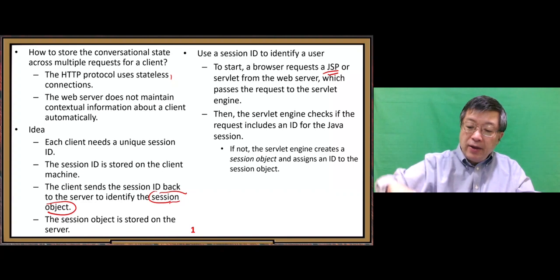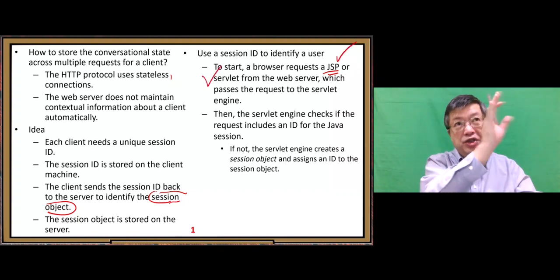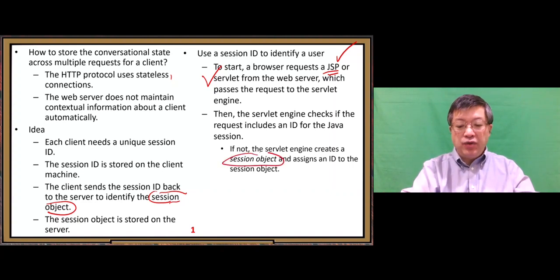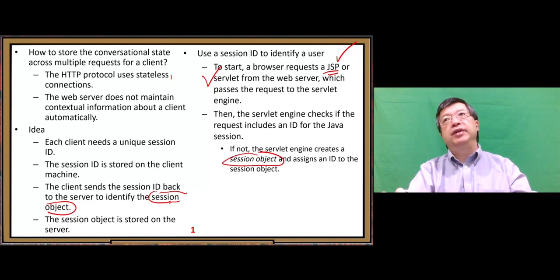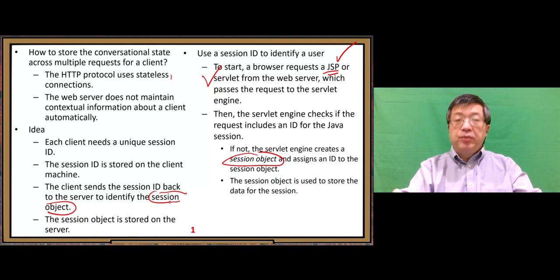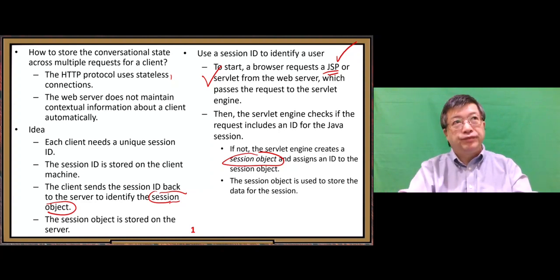So when this JSP or that servlet requests a session, then the session object is created, the session ID is stored, all those things happen. Then the session object is used to store the data. That's obvious, so we don't need to explain.